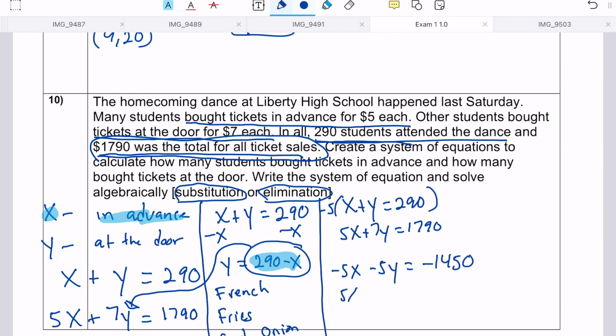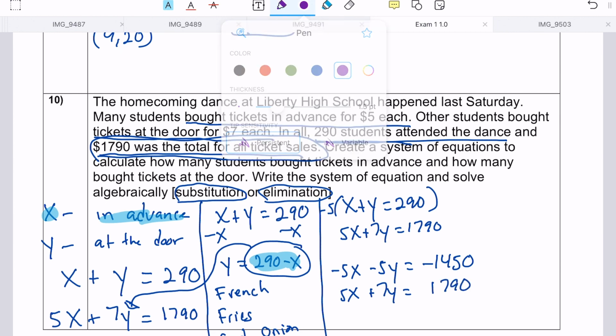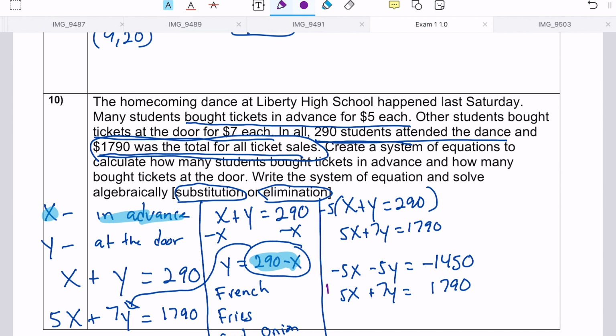And then we have our bottom equation. So now we can add them up. You see that's going to cancel out. -5 plus 7 is going to be 2Y. And we're going to have 1790 plus -1450. It's 340. You divide by 2, you get Y is equal to 170.